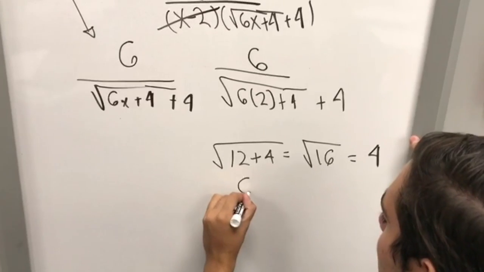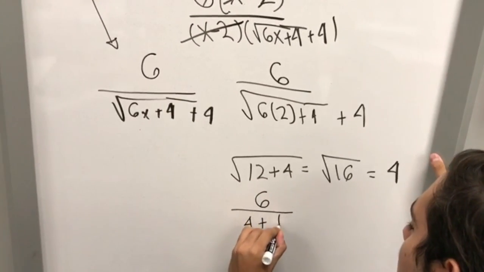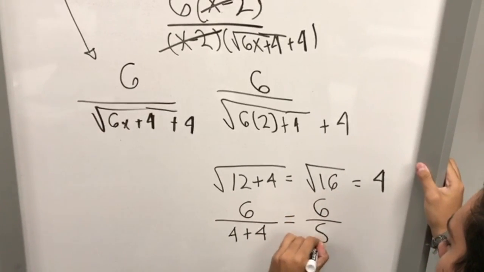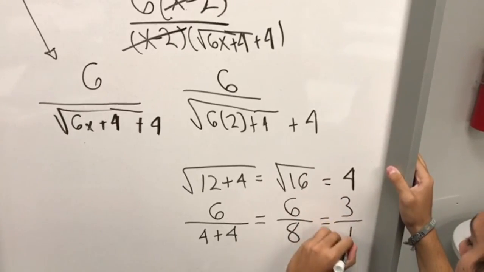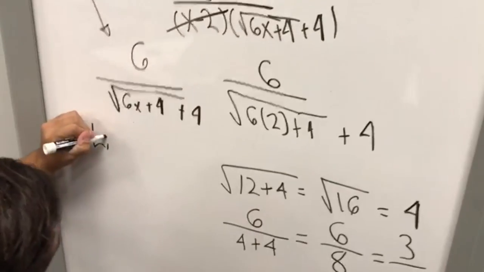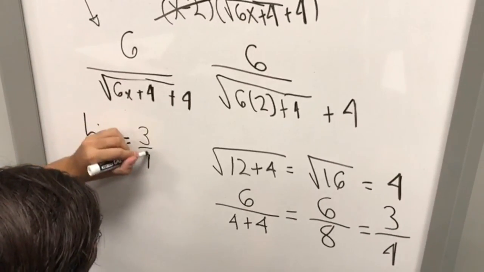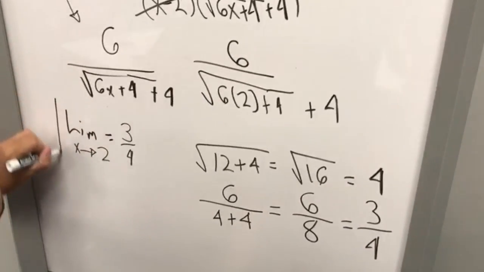So we're left with 6 over 4 plus 4, which equals 6 over 8, and simplified equals 3/4. So the limit equals 3 over 4 when x tends to 2.